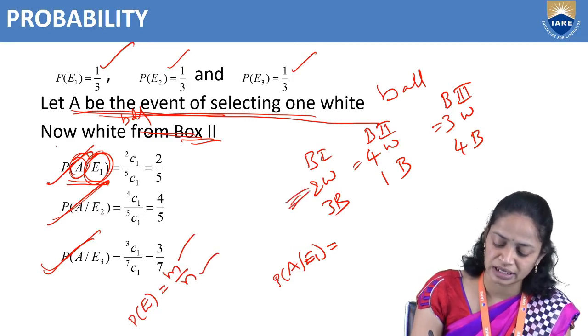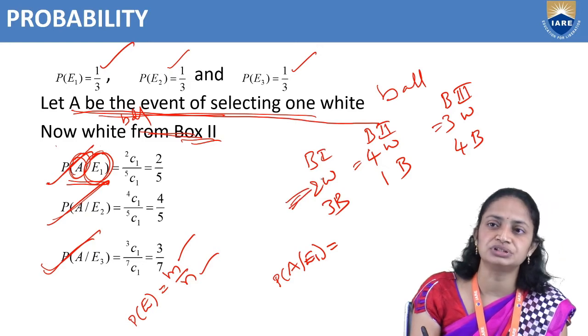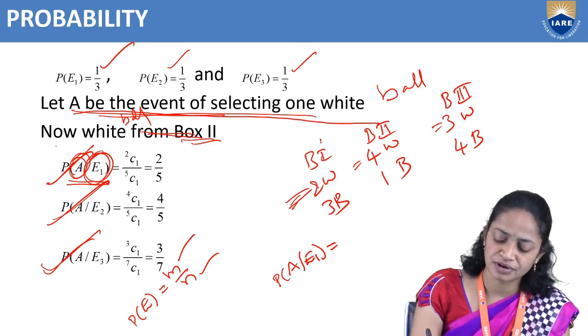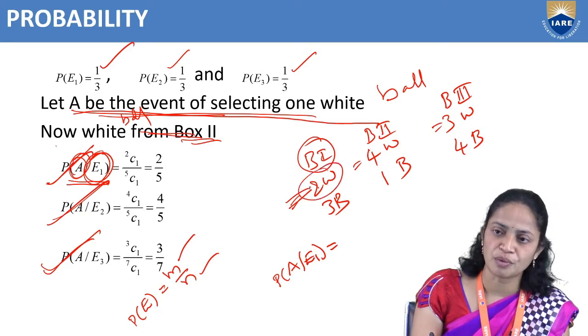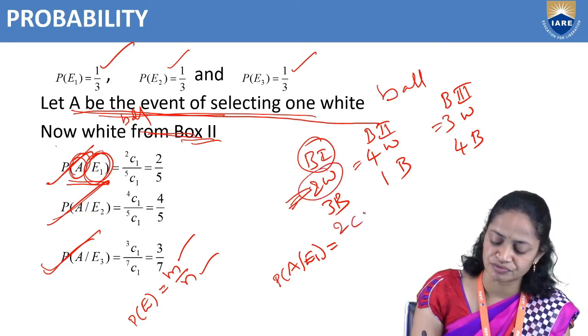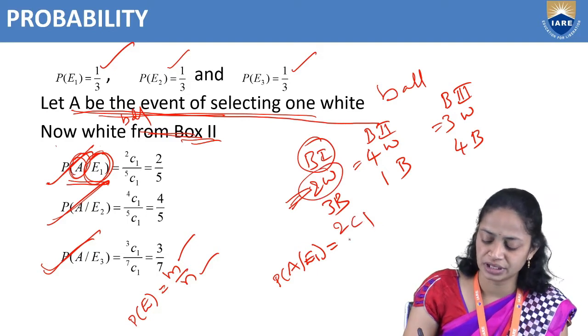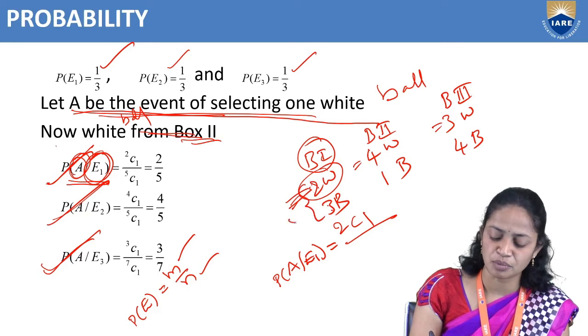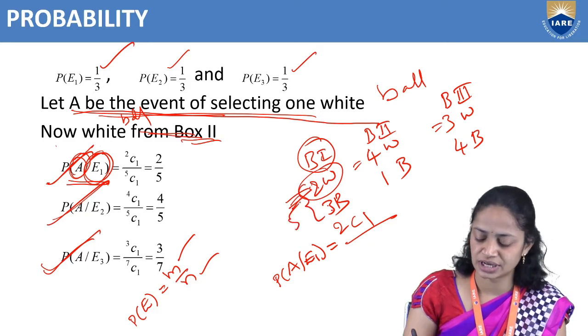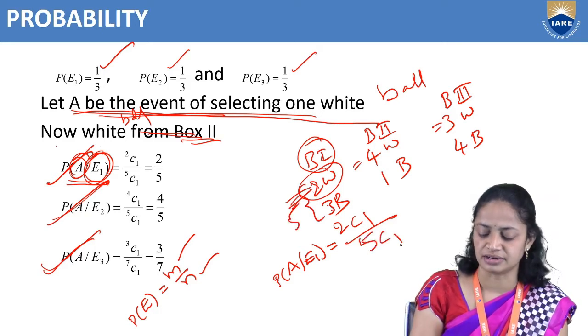Here the favorable event is selecting a white ball from box 1. How many white balls are there? 2 balls, and we have to choose one randomly. Divided by how many balls there are in total: 5 balls in box 1, so that is 5C1.